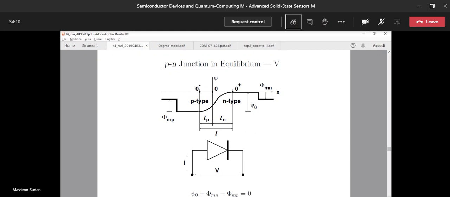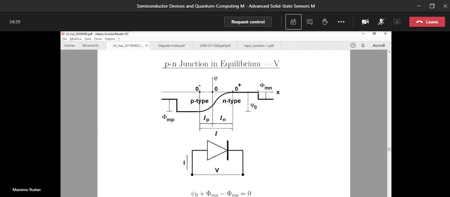If you look at the right hand side, you see that if you keep considering the zero of the electric potential in the neutral region of the n-type, as we did before, okay? So you see this constant line here is the zero of the electric potential, okay?